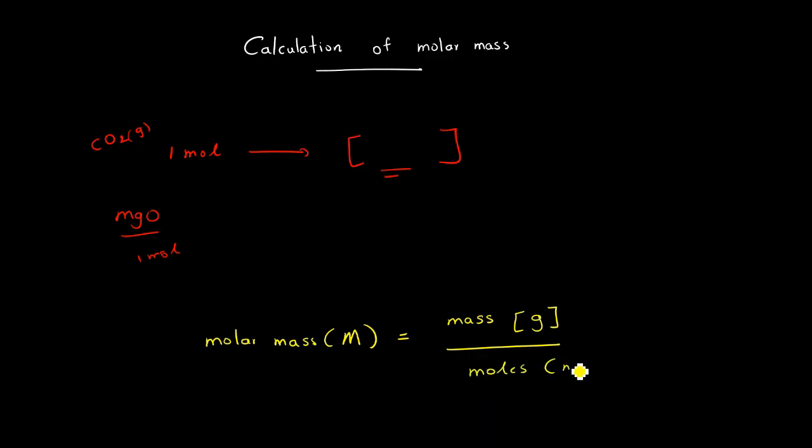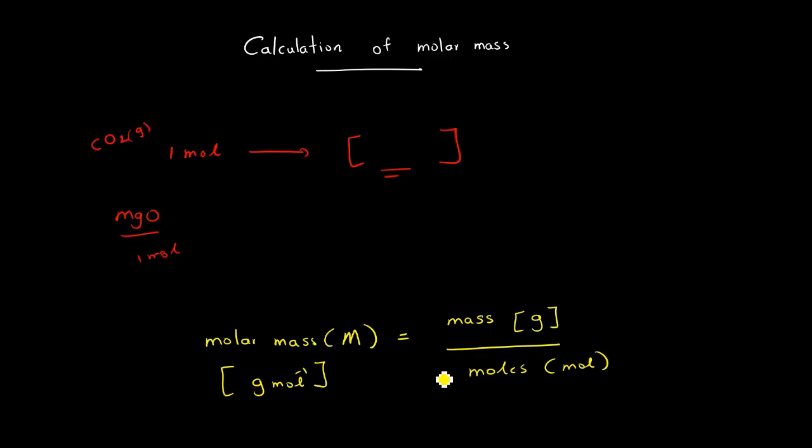Moles are denoted by mol, the SI unit for moles. The unit for molar mass comes from grams per mole. Grams per 1 mole, that's the definition.